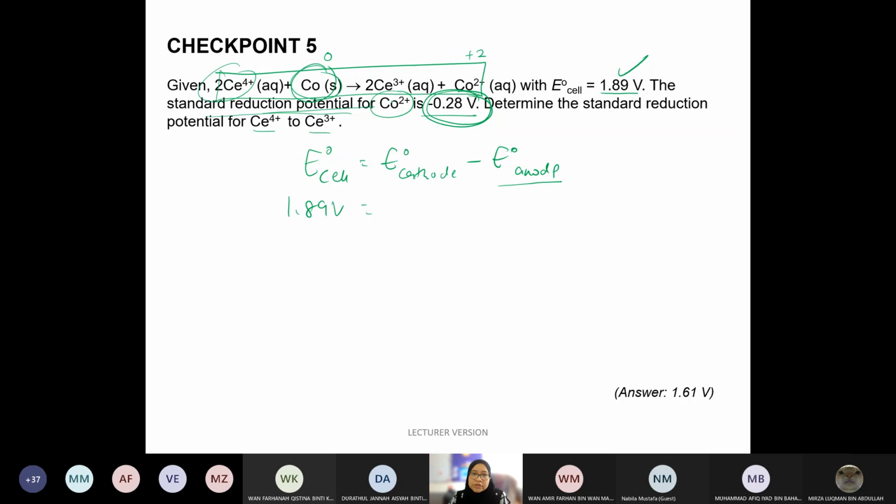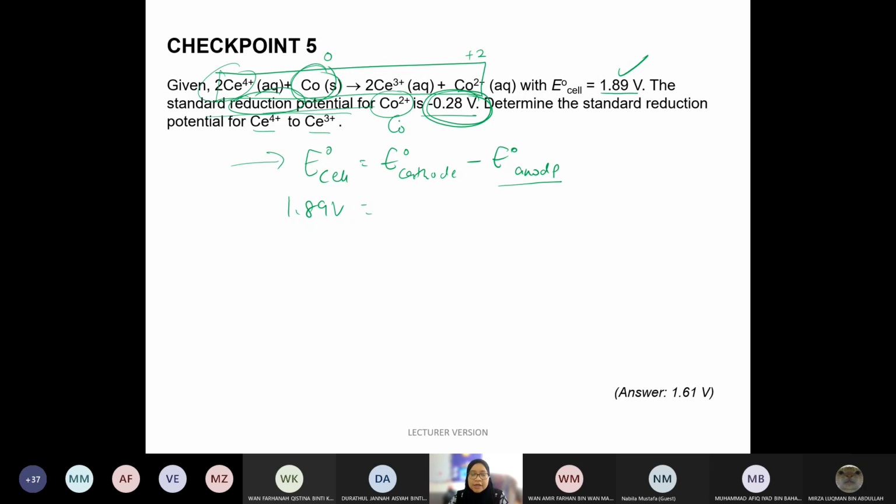Jangan confuse kenapa dia bagi Co2+ dan kenapa dia tak bagi Co. Sebab dia tengah ceritakan reduction. Kalau Co dia bukan reduction, Co dia oxidation. That's why dia standardizekan dekat table tu semua dia bagi dalam bentuk reduction. So dia betul Co2+. Tapi bila kita nak masuk dalam equation ni, not to worry, we can just simply take the value.